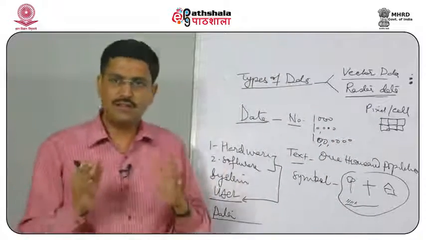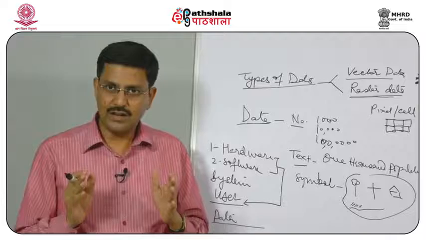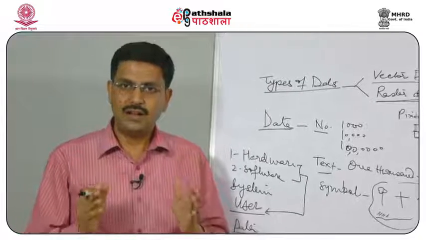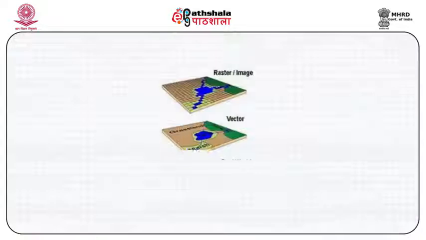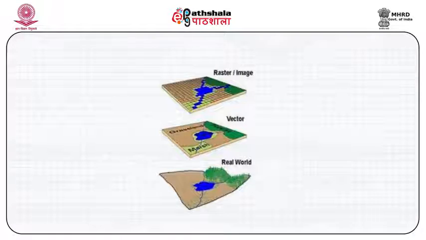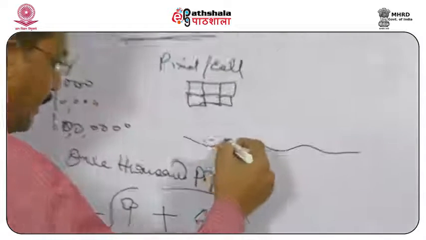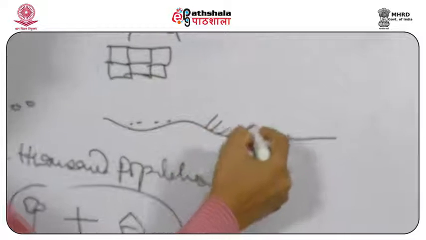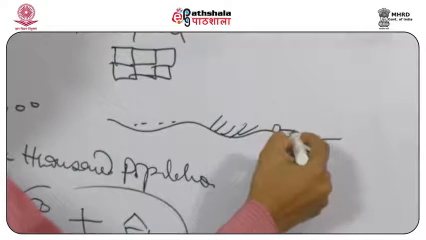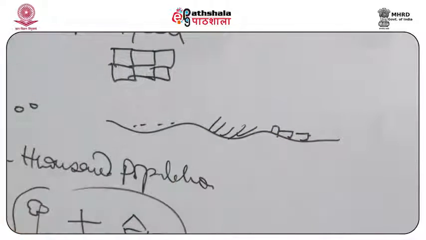If you see figure 2, it clearly shows the vector data and the raster data, and the real world data. If I have a real world, say for example a terrain, we have the water body here, we have the grasses here, we have the settlement here. So how can we represent it?